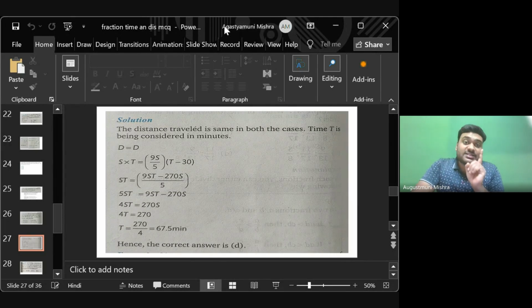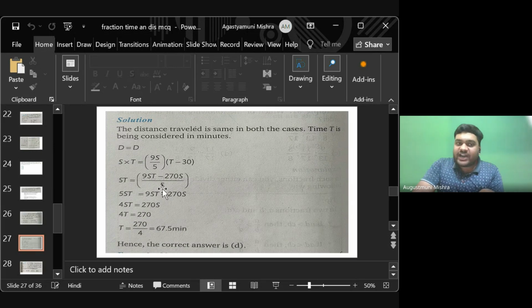I always discuss with you, like in the previous question also, whenever you reach before, that will become minus. So by arranging that in this format, 9/5 will be multiplied with S, then T minus 30, that is the original speed time minus the time mentioned in the question. You are going to solve that question.